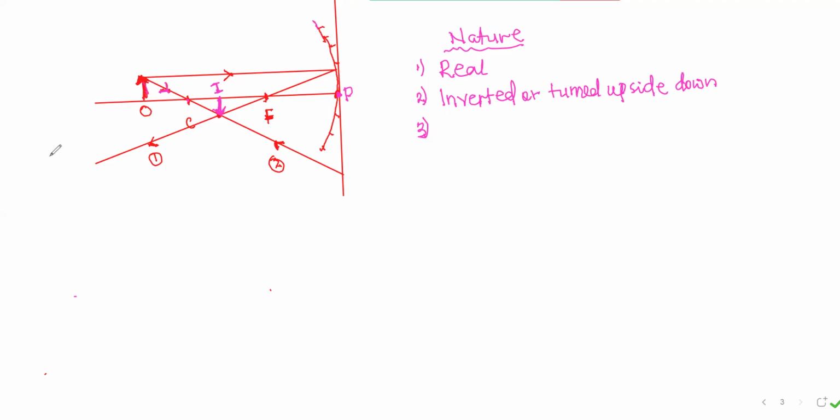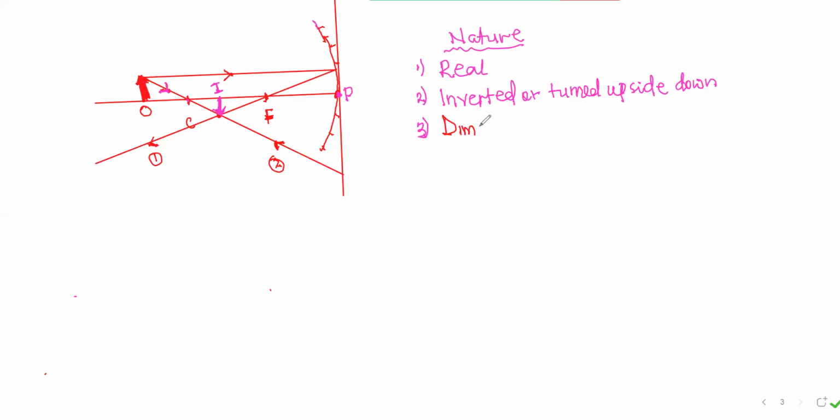Look at the size of the object, then the size of the image. What will you say about the size of the image formed? Yes, Gideon. So it's smaller. The image is smaller than the object. Good. So if the image is smaller than the object, technically, we say that the image formed is diminished.